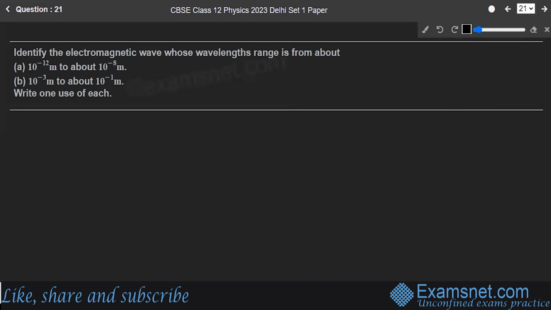Question number 21. Identify the electromagnetic wave whose wavelength range is from about 10 raised to power minus 12 meters to 10 raised to power minus 8 meters.